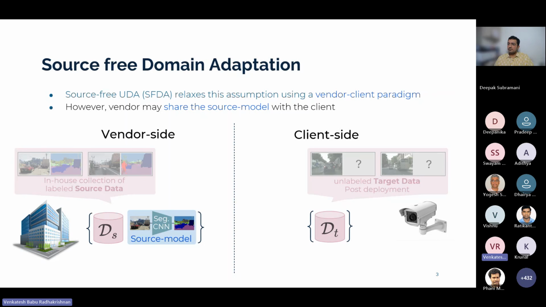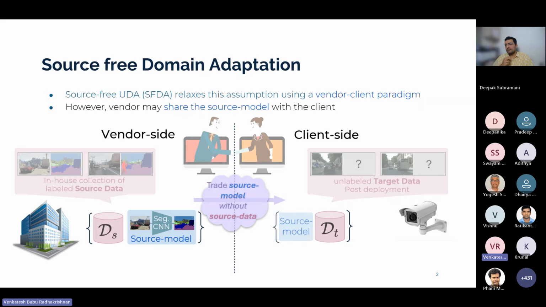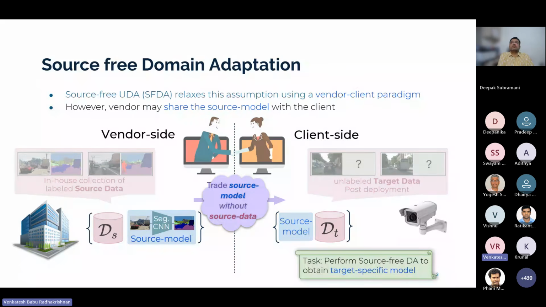In this kind of a setup, how can a vendor help the client build a model in such a way that the model can be easily adapted by the client? It's a cooperative situation, but the major constraint is you cannot share the data between two entities.